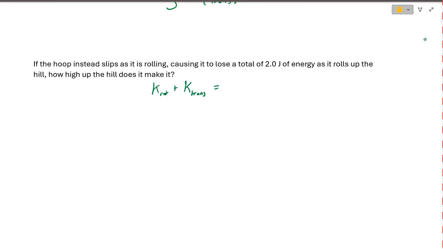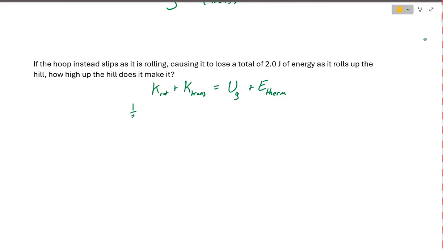Equals, well, I'm going up the hill, so I gain some potential energy. But what happened along the way? Well, I created some heat. And conservation of energy is still true. If I add in the amount of heat I generated, we still have the same amount in both places. But by the time I get to max height, I've generated 2 joules of heat energy.